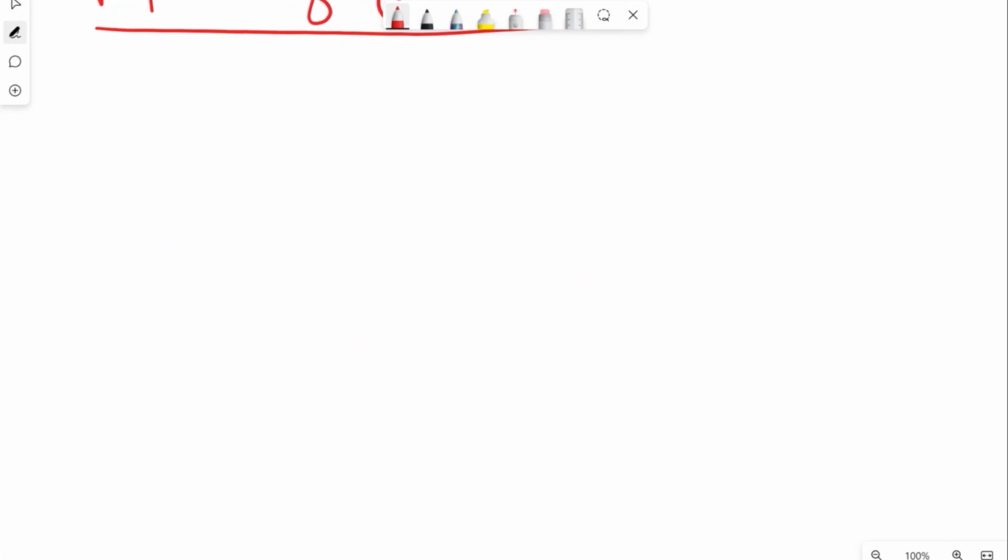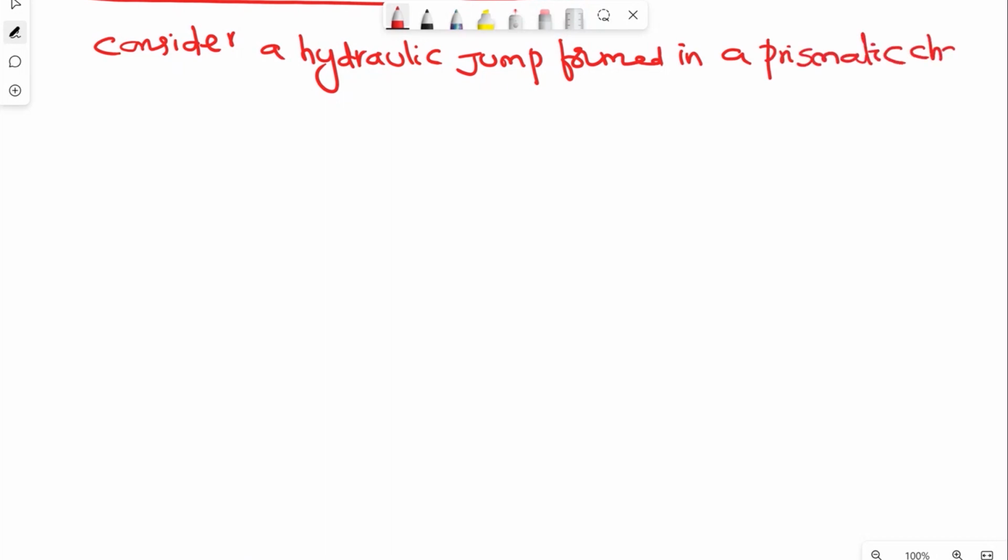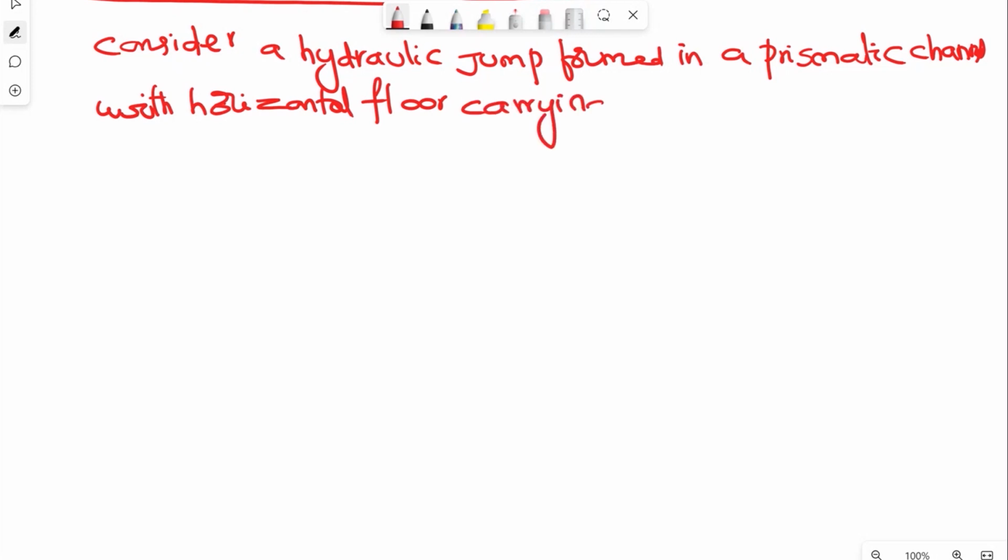Before taking up the equation, consider a hydraulic jump formed in a prismatic channel with horizontal floor carrying a discharge Q. This is the first thing.